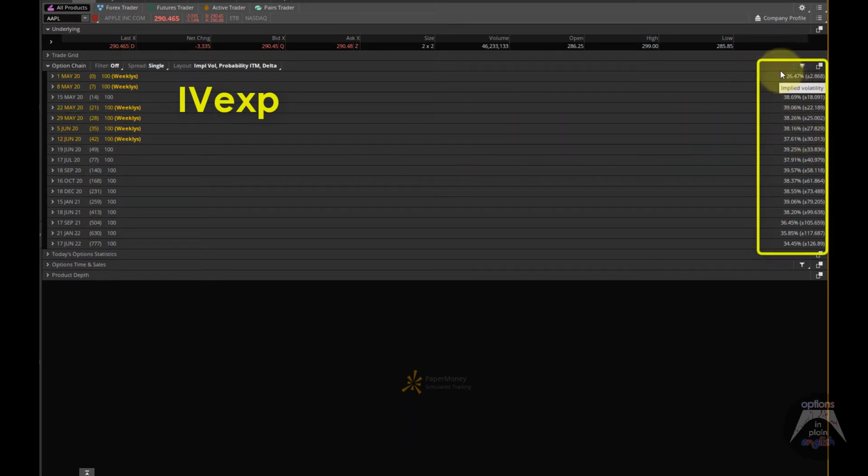For example, if you take a look here and I collapse all the expirations, for every expiration we have a value of implied volatility. Now, how was this value calculated? You can see here 39, 38, 39, 38, etc. It's very close to the same value for all the different expirations, but it's not exactly the same.